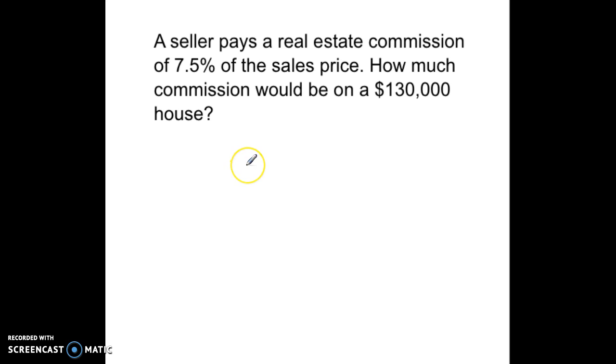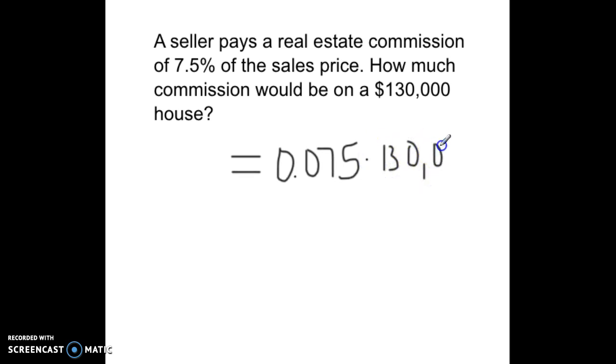Well, we're going to do this the same way as we've done the other problems. First thing we do is write our percent as a decimal. Make sure you move it over 2 spaces, and that's what it should look like. Times $130,000, that's the price of our house, and that will tell us how much commission is being earned.